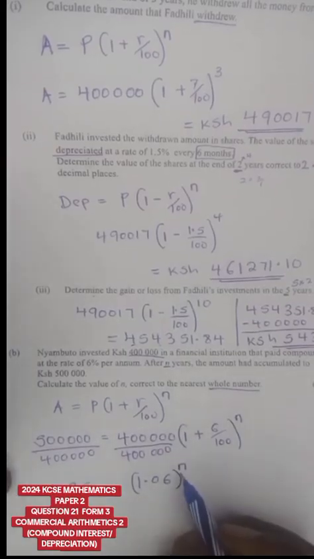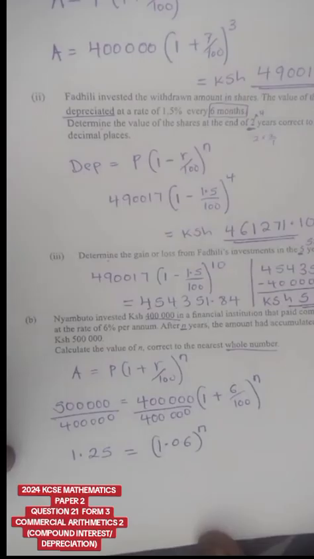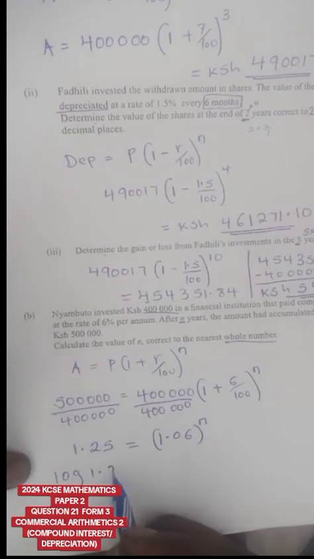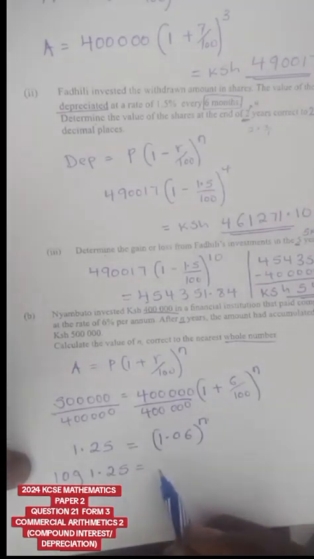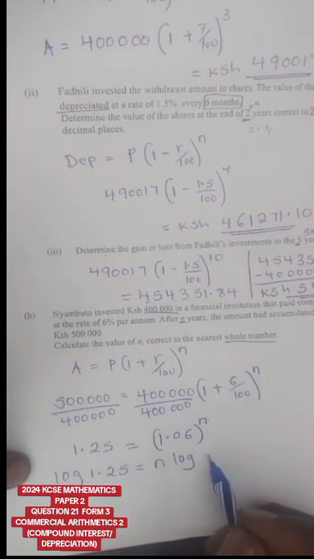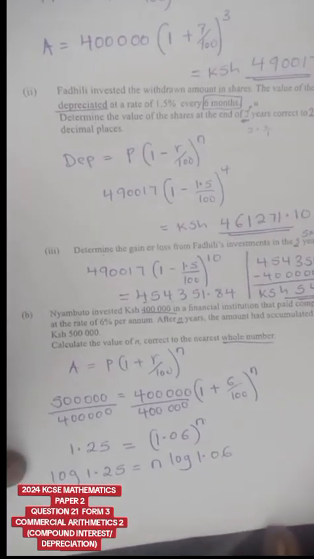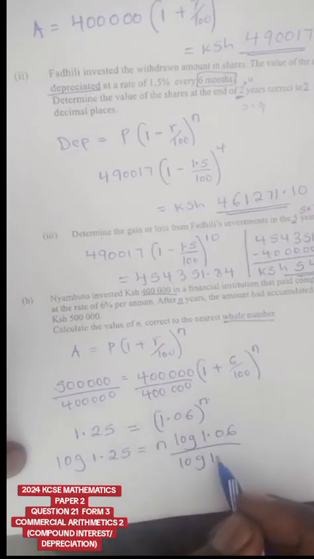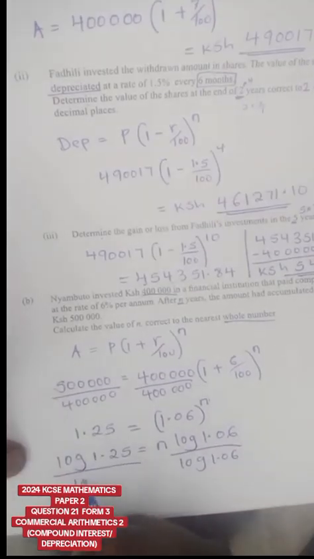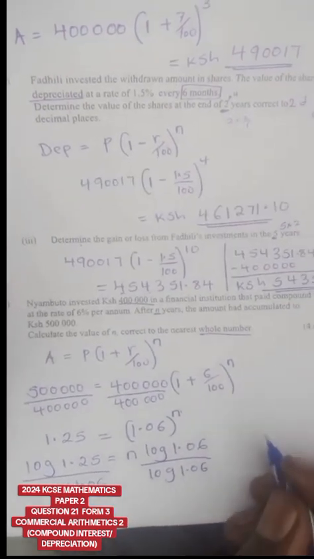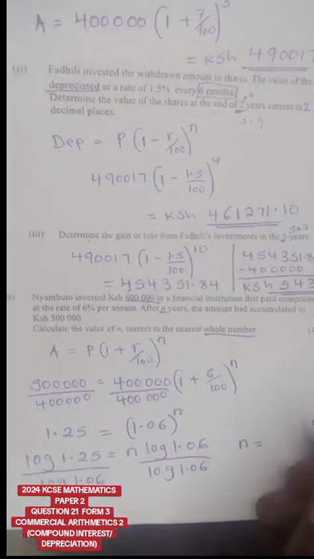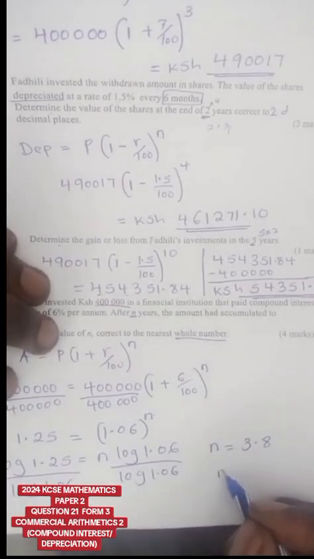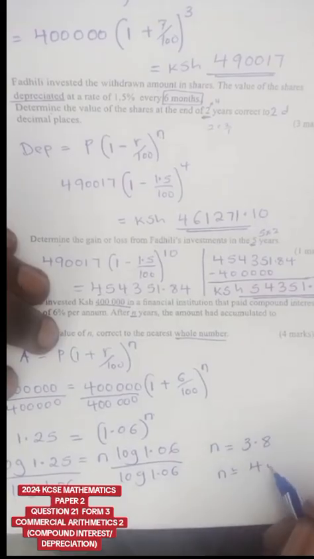So log of 1.25 is equal to n log 1.06, bringing the power to the front, following the third law of logarithms. So to remain with n, you divide by log 1.06 on both sides. Therefore, the value of n, if you press in the calculator, is roughly around 3.8, but they want the nearest whole number, so n is approximately 4 years. And that is how that question is supposed to be done.